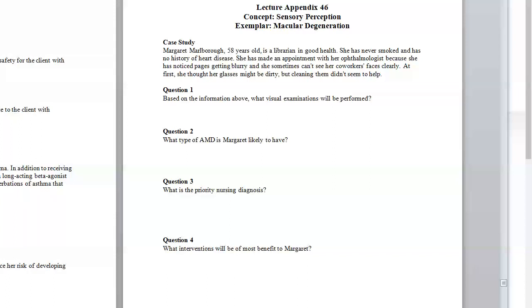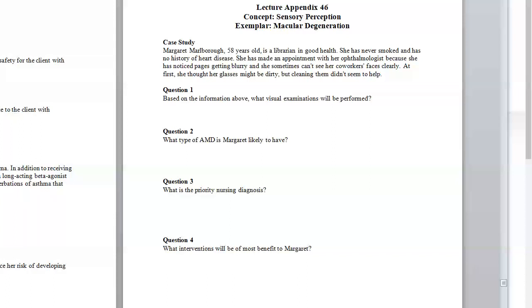And that's some of the interventions that would be beneficial to her. Remember, she really is exhibiting very typical manifestations of early age-related macular degeneration.